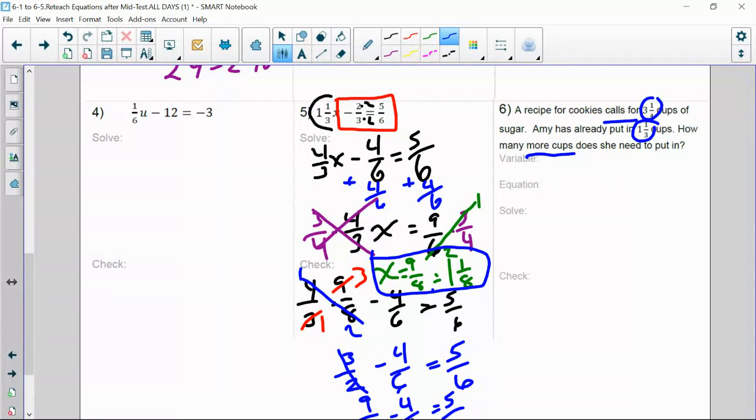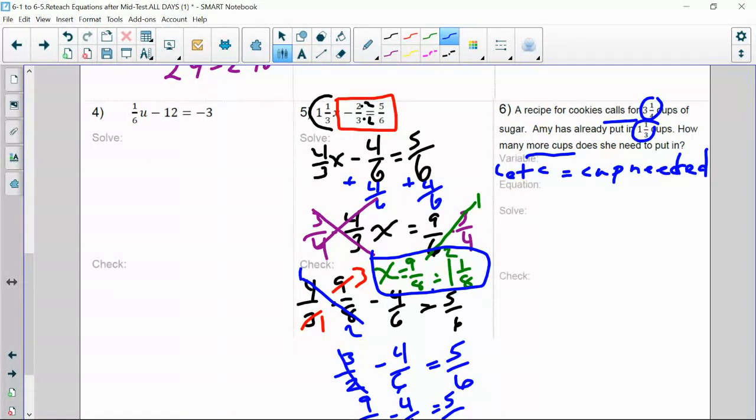That more tells me that I'm going to add with my 1 1/3. What's our variable? C. So let's see, C equals cups needed. Oops. There we go. Then we've got to come up with our equation.